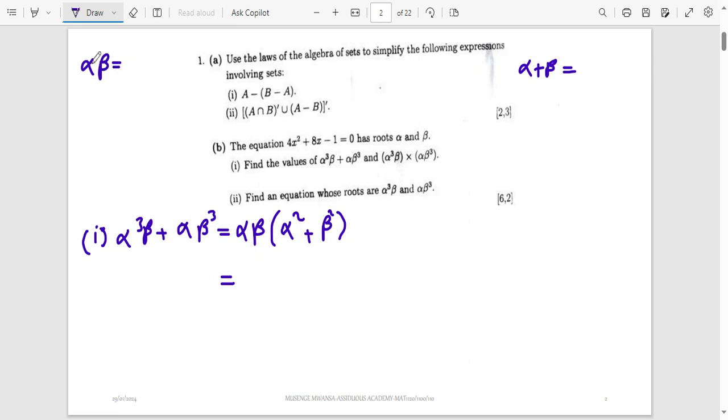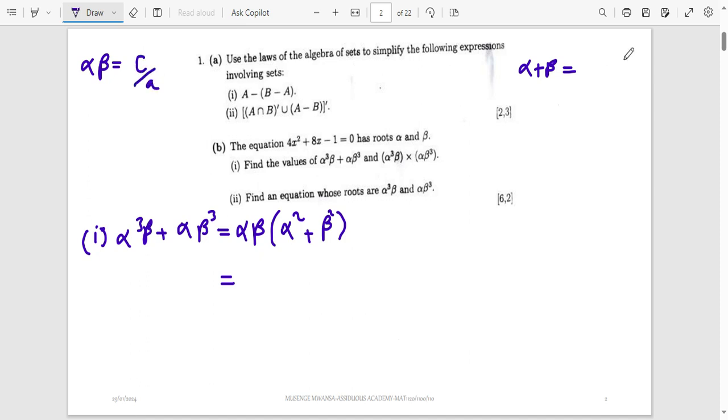Do we remember how you find alpha times beta? Which one is C over A? Very good.